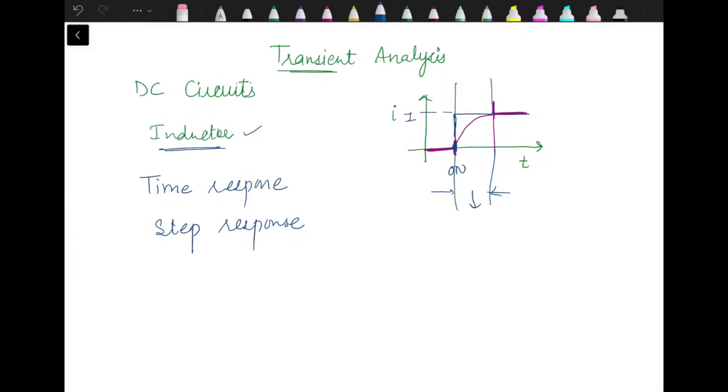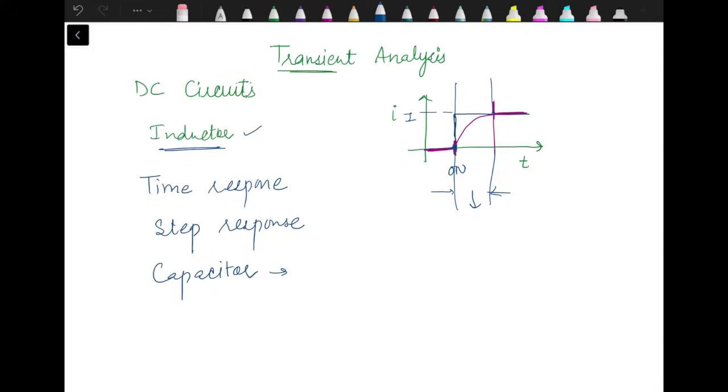Similarly, if we have a capacitor in the circuit, then capacitor has a property that it opposes the instantaneous change in voltage. It will not allow the voltage to change from 0 to some final value in the same instant.